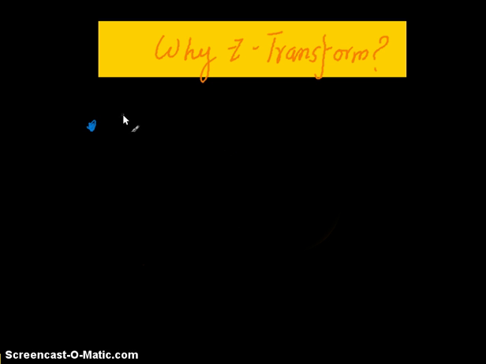It is because we cannot use DFT. There is a limit, and when we reach that limit we cannot use the discrete Fourier transform any more, so we start using Z transform.